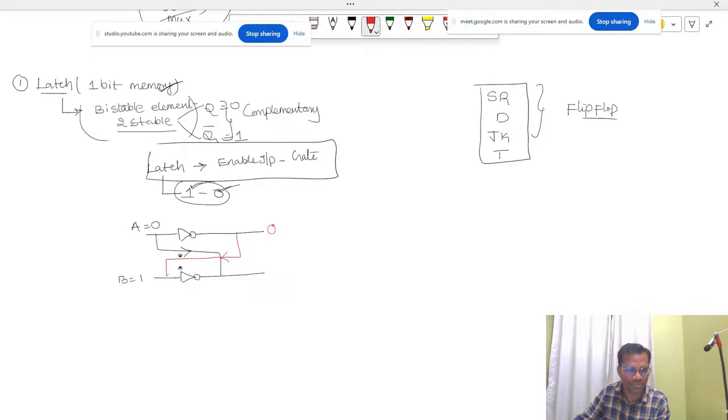Then this gives you two outputs, one is Q and the other is Q bar, which are the two stable states. Whenever you have two stable states, it is called a bistable element. Therefore, this latch is called a bistable element.